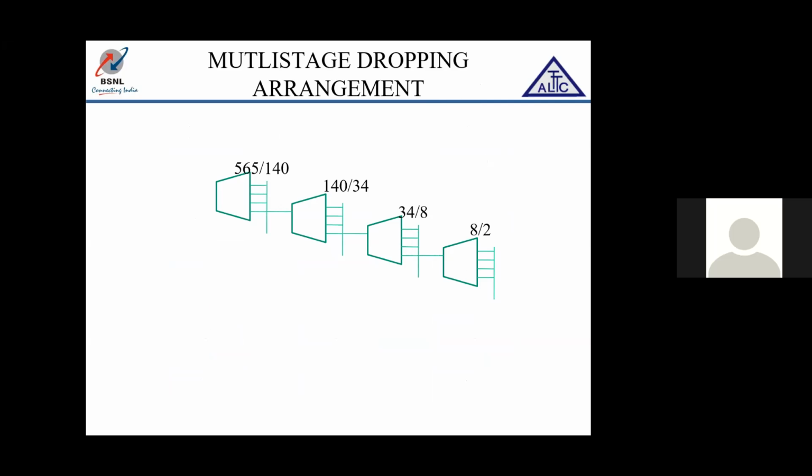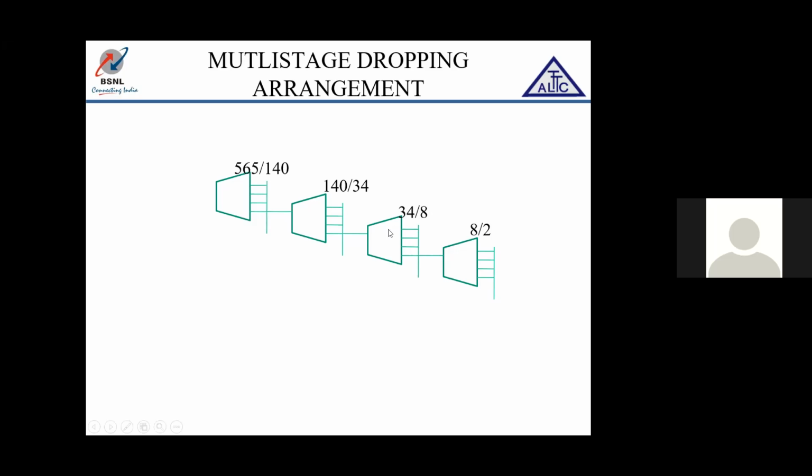in this diagram, this was the way of implementation before SDH. Here you can see a multi-stage dropping arrangement, or we can say multi-stage multiplexing. Smaller lines, you can see 2 Mbps, 4 streams of 2 Mbps are coming, they are multiplexed to get an output of 8 Mbps here.